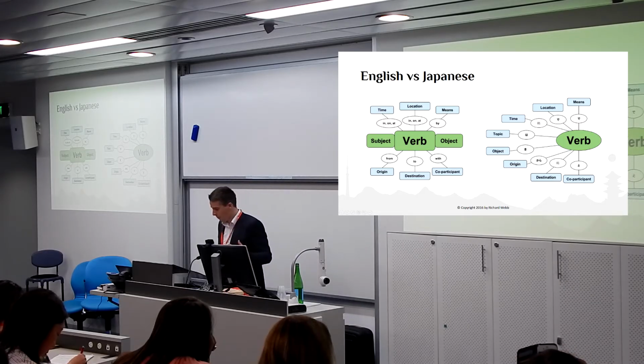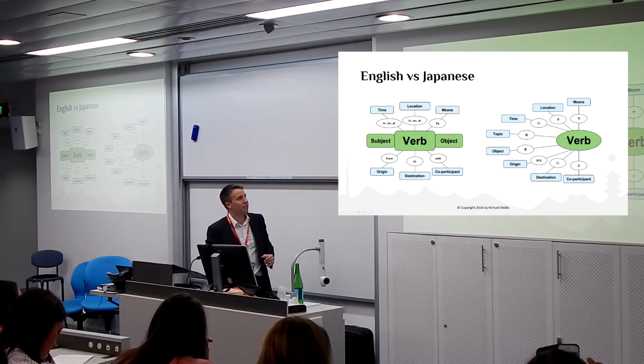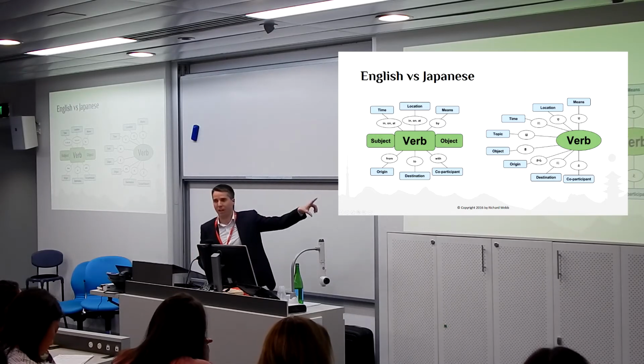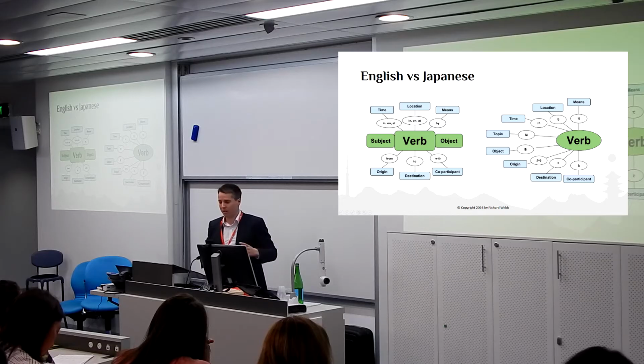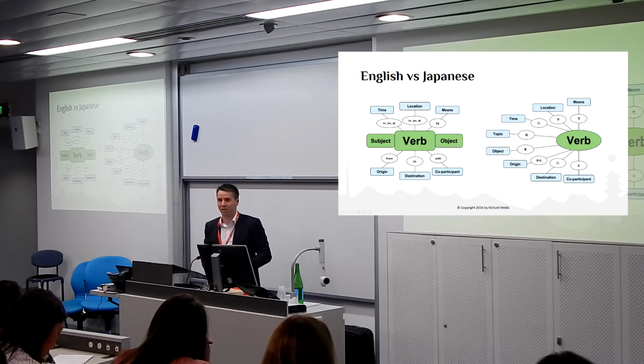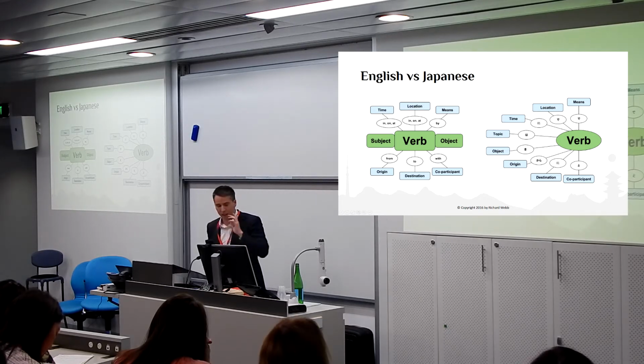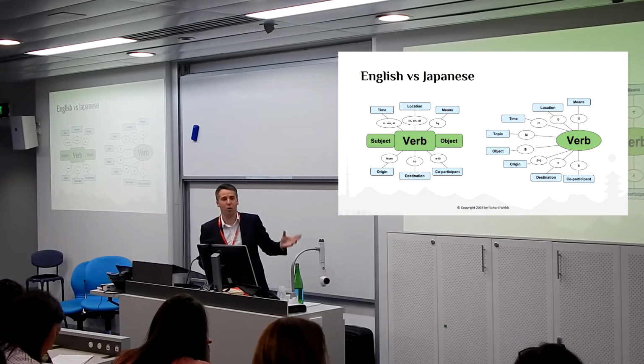But another thing, and this is kind of a side note that's not hugely relevant, but the green parts here in both of these are also the bare minimum that you need to form a grammatically complete sentence in either language. With the exception that in English, you need an object.